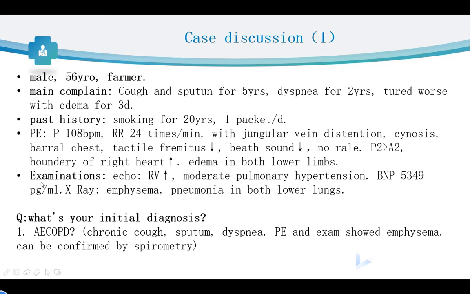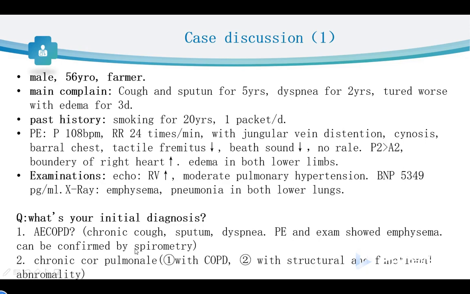And during the examinations, we can also find the emphysema in the X-ray. So, we need to think about the diagnosis of AE-COPD. But we also need to confirm this diagnosis with further spirometry, right? That's the first initial diagnosis.